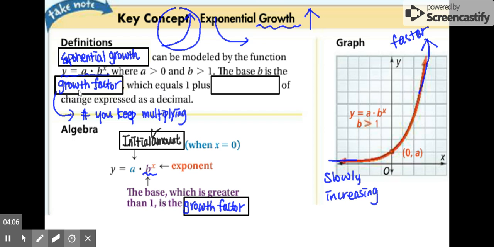And the growth factor is going to be 1 plus the percent rate of change. So if it's a 20% growth, then the growth factor b is going to be 1 plus 0.2, because 20% is 20/100.